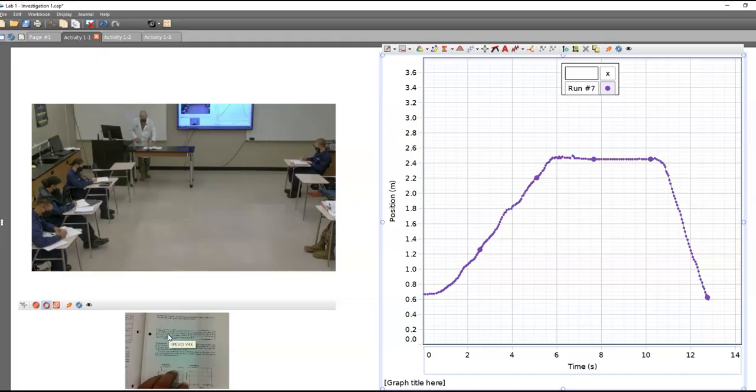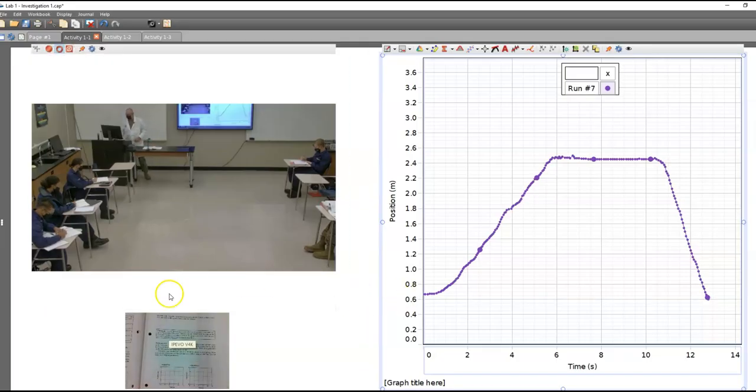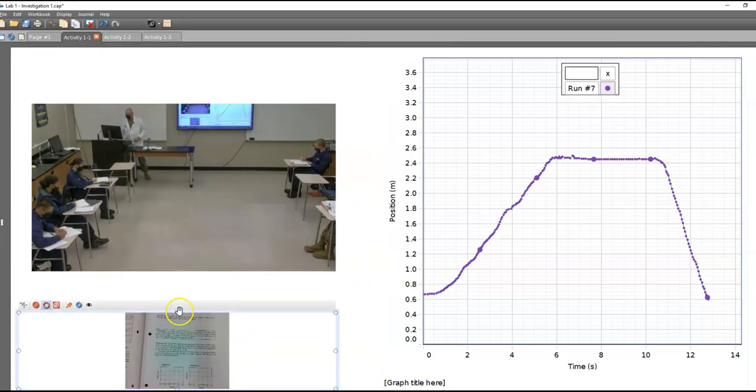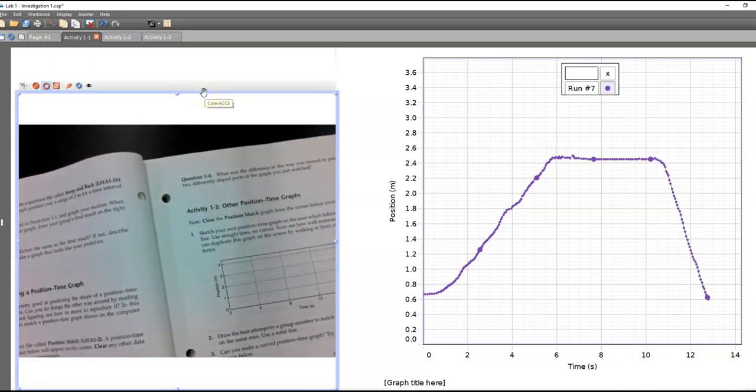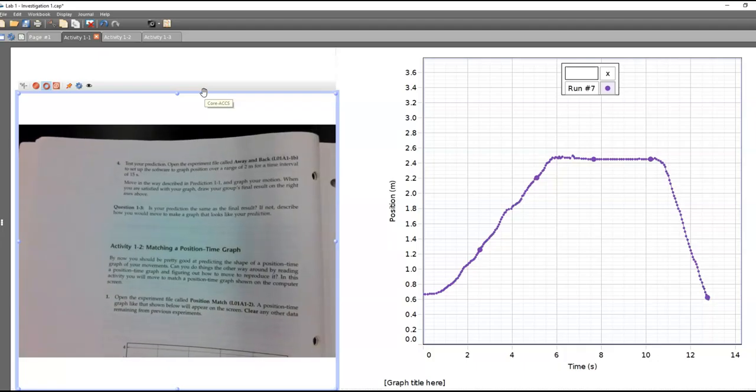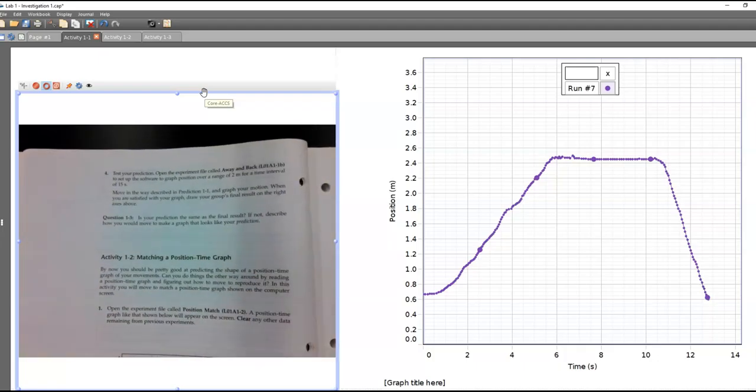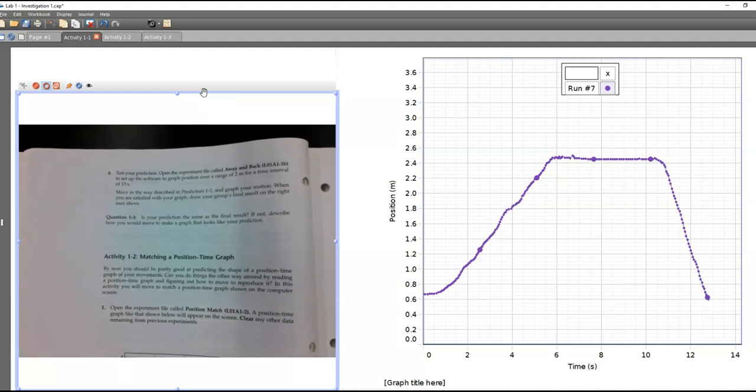That way we go to the next question, which is, does it match your prediction? So when I go to question 1-3, is your prediction the same as the final results? If not, describe how you would move to make the graph that looks like your prediction. All good, right? All right, excellent, fantastic.